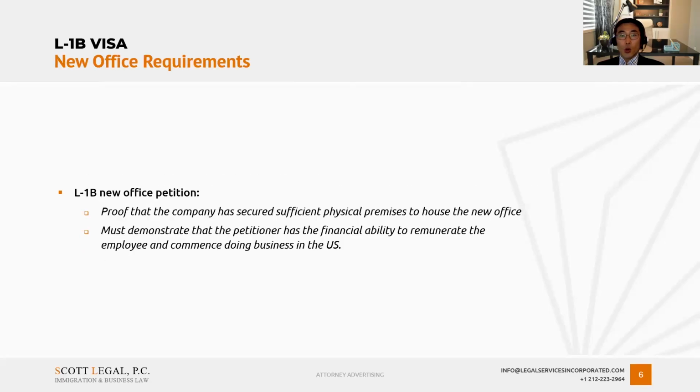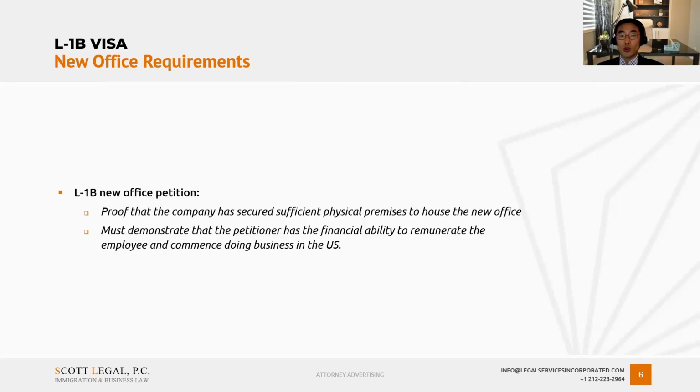So L1B new office is for someone who comes to the United States with very specialized knowledge of the company's product or service. A good example would be an engineer who invented a brilliant technology and even has a patent with his name on it. He's coming to the United States' new office to set up the company's operating systems before the company actually starts operating and generating income. Like the L1A new office category, it also requires a physical office space.